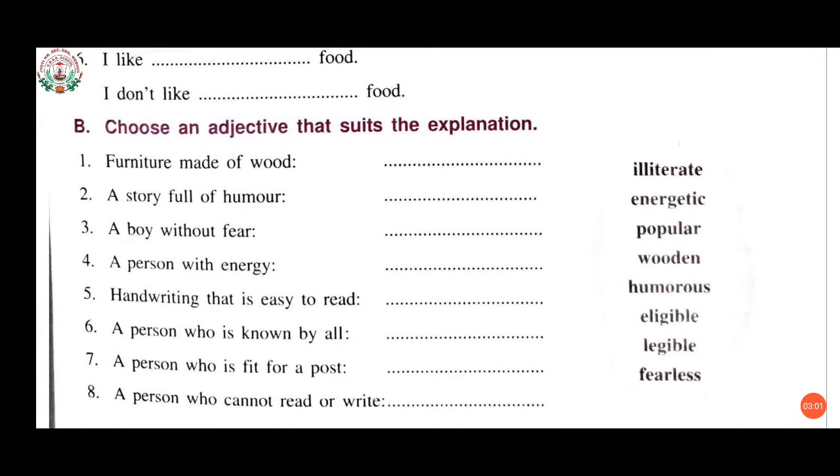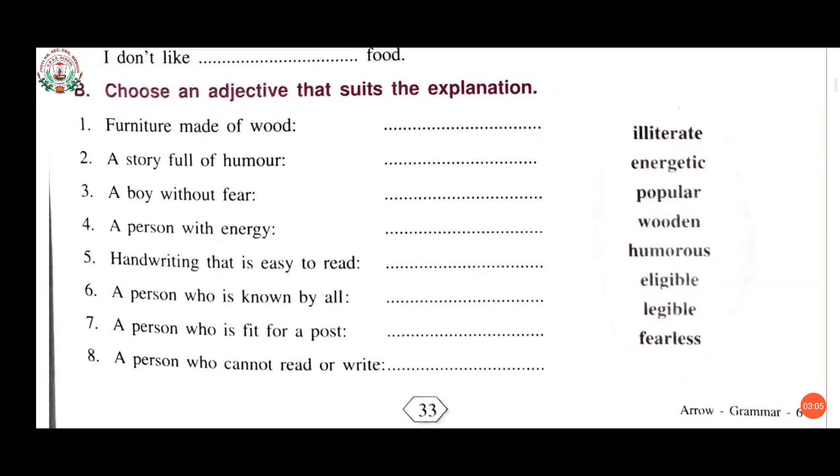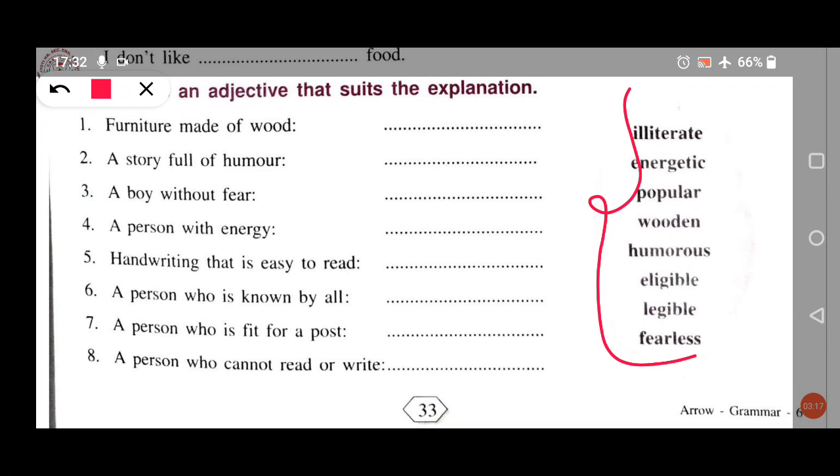B1: choose an adjective that suits the explanation. Here the options are given. The first question, furniture made of wood, what you can say is wooden.